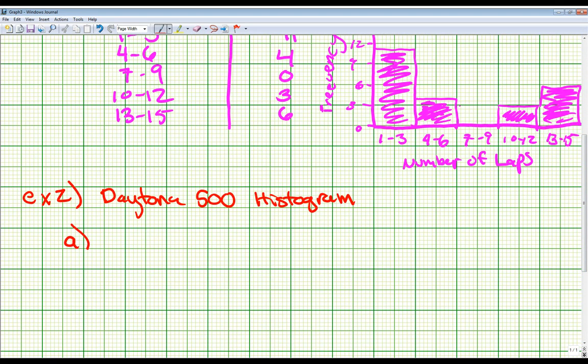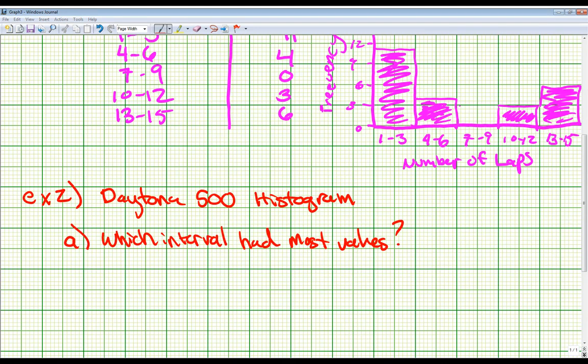So question A asked us, which interval contains the most data values? So back to our notes, we're going to say which interval had the most values. That's the question. Let's go ahead and take a look at our book for our answer.